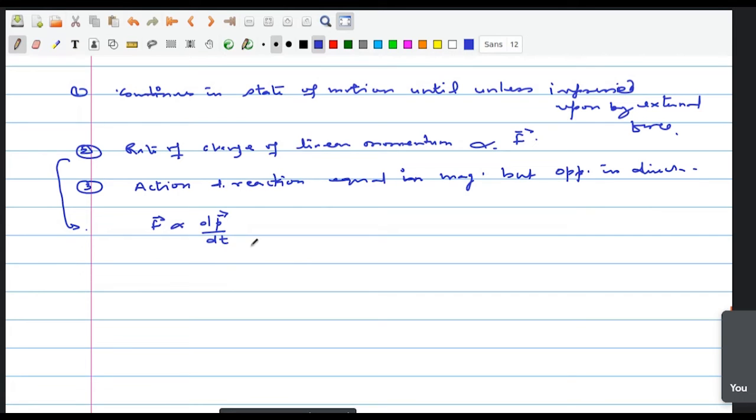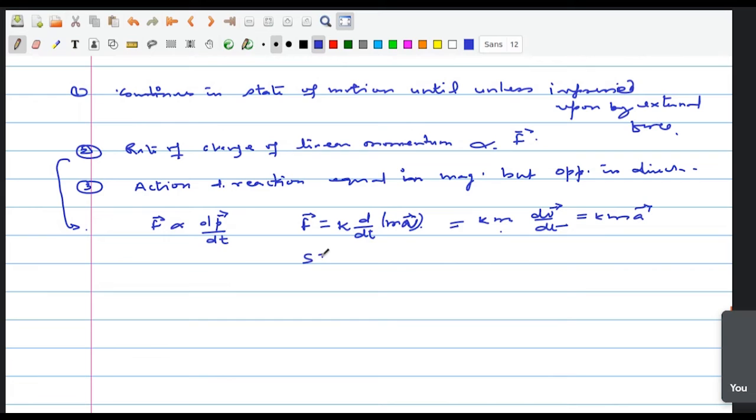So for constant mass, you are writing this as d by dt of mv, multiplied by some k here. So F equal to k times m dv by dt, which you write as kma.